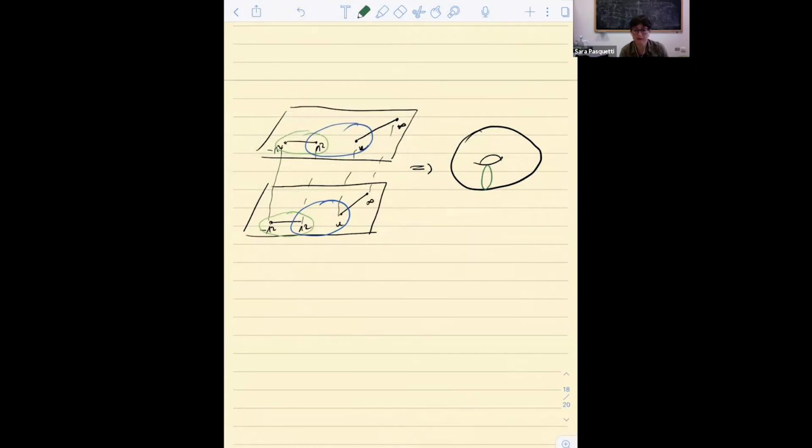So we'll have this green cycle, which is the one corresponding to the contour encircling the cut running between the two singular points.